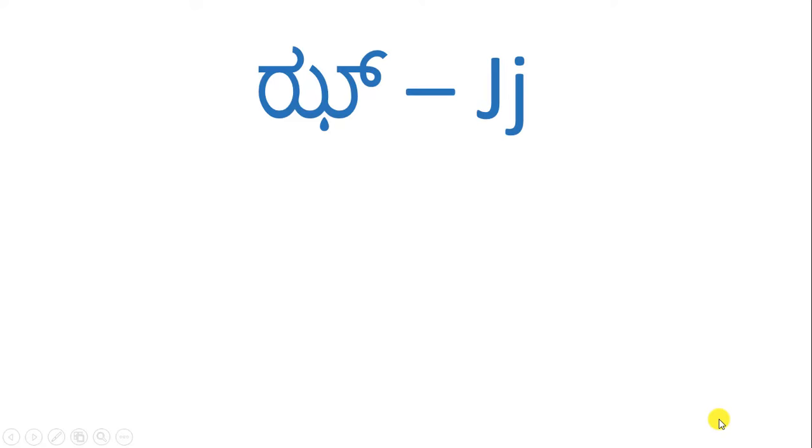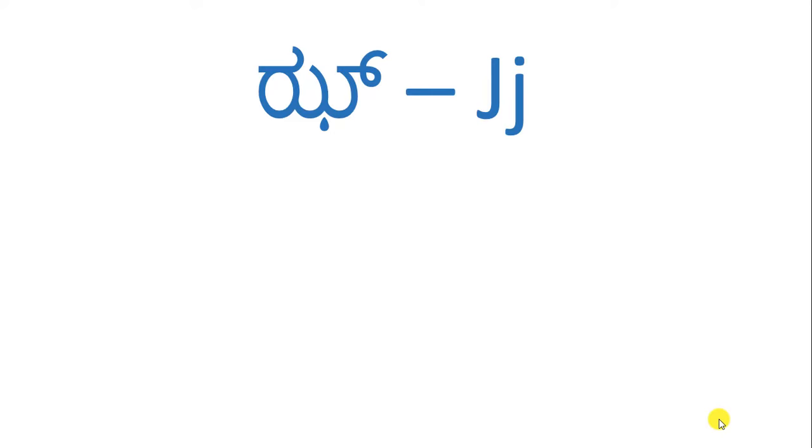The next root consonant is j. We add more oomph to the previous one, which is j. This is j. We rarely use this root consonant in the Kannada language also, so I cannot give you any example in English.